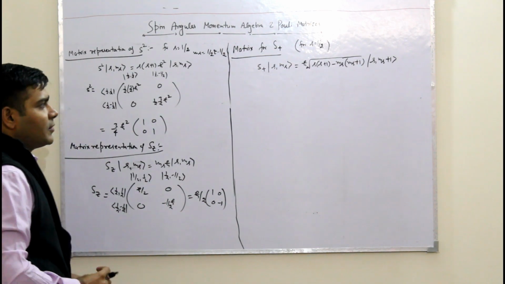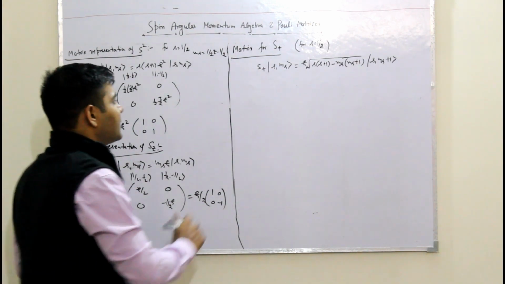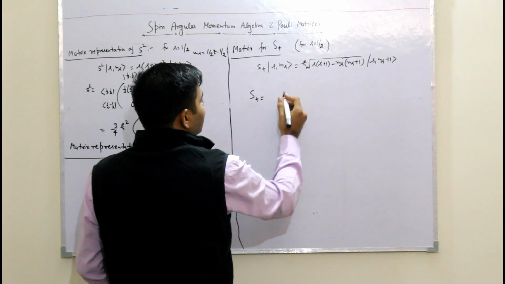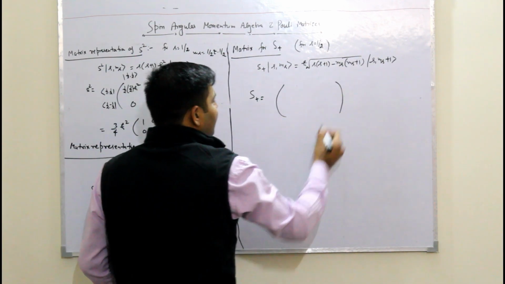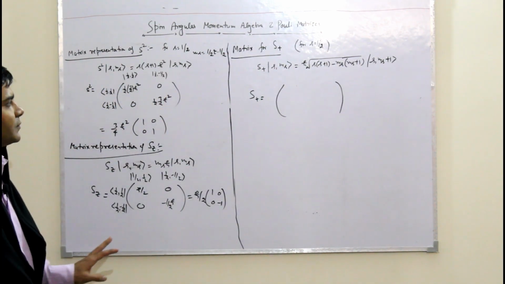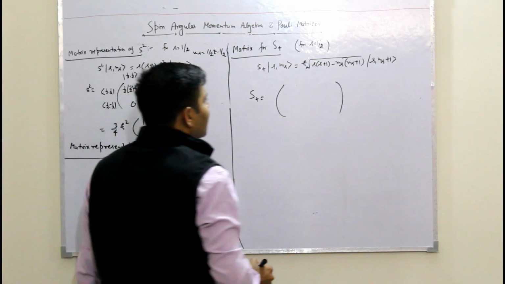From this particular equation, we see that the matrix representation for S plus will be such that the diagonal elements are going to be 0.